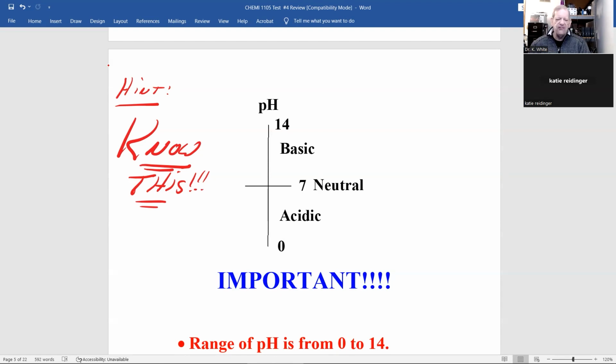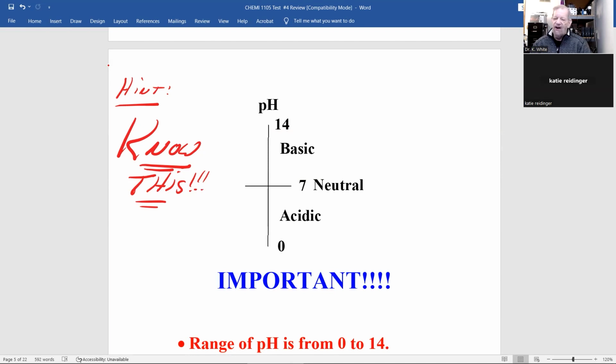Anything at pH 7 is neutral. Anything below 7 is acidic. The lower it is towards 0, the more acidic it is. And anything above 7 is basic. The closer to 14, the more basic it is. Again, 7 is neutral, below 7 is acidic, and above 7 is basic.